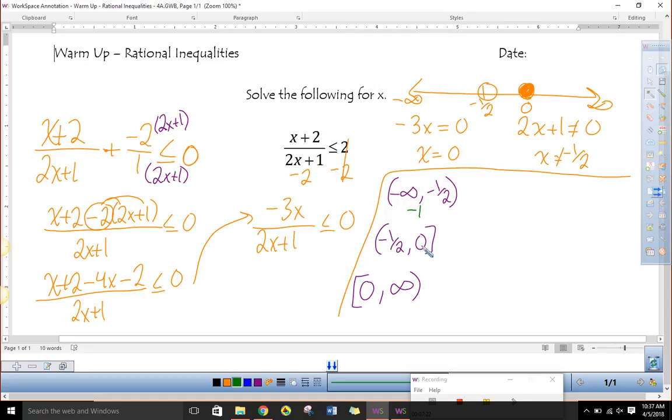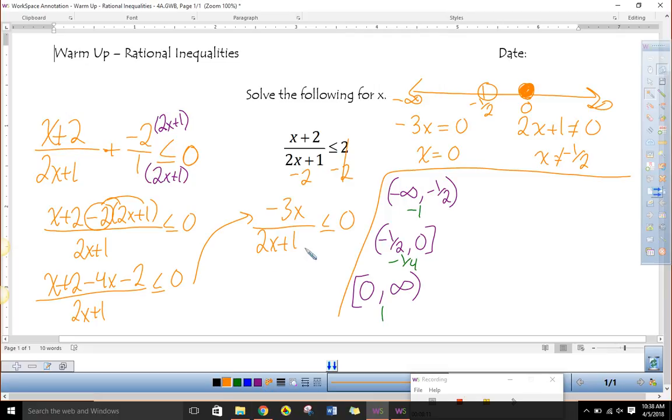What do you want to put in for this guy? -1/2 to 0. -1/4. If you want to change it into decimals and think of this as -0.5, I don't care, right? -1/4 makes sense though. All right, how about down here? 1. I definitely think 1 would be the easiest one to use.